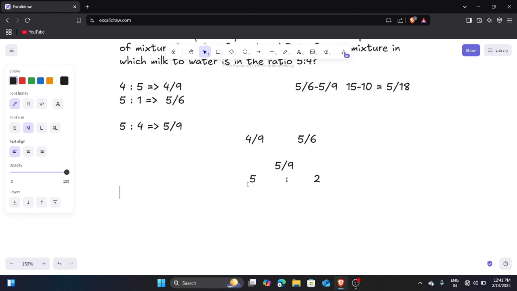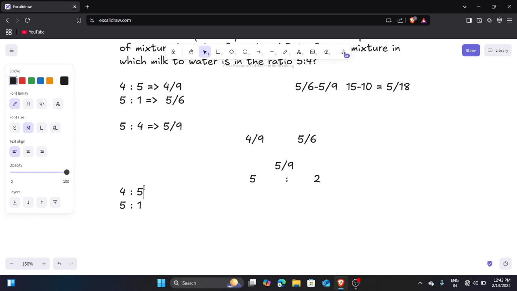If you want to test whether this ratio is correct or not, let me try to test it. How can we test it? This is our first mixture ratio, and this is our second mixture ratio. First you have to make both quantities equal.